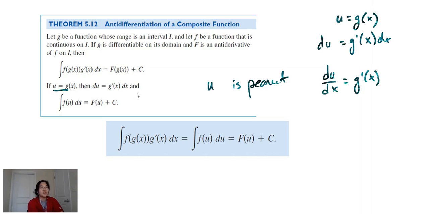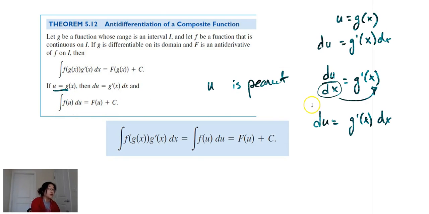Then if we take our differential and multiply it over, du equals g prime of x dx, similar to our linearization stuff that we were doing. Then we can write this the same, except instead of having g prime dx at the tail end, we just have du, because du is g prime dx. And that's really lovely.